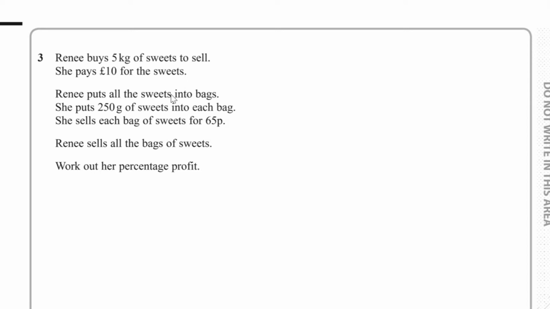Well, first of all, you'll notice we've got grams here, kilograms here, pence here, and pounds here. And so we would have to make the units the same. To go from kilograms to grams, we multiply by 1000, and grams to kilograms we divide by 1000.